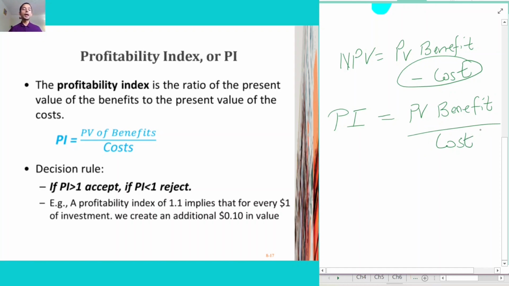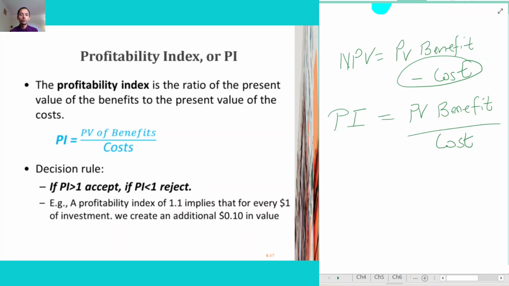So PI is also like a benefit to cost measure. Here it is a benefit to cost ratio. Profitability index is the ratio of the present value of the benefit to the present value of the cost. Now can you tell me, this number must be what?